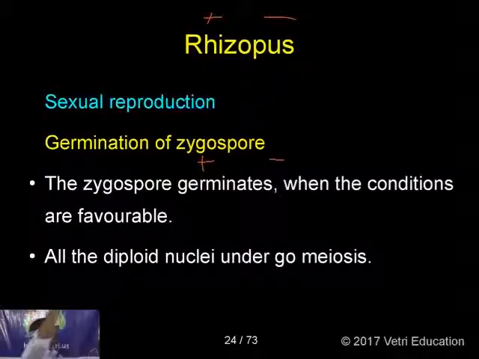The zygospore takes some rest and germinates when the conditions are favorable, and all the diploid nuclei undergo meiosis and form haploid nuclei.